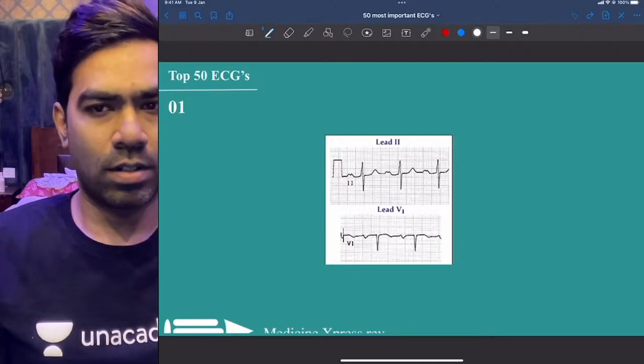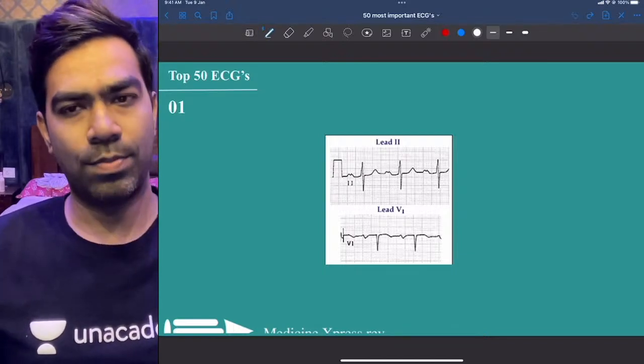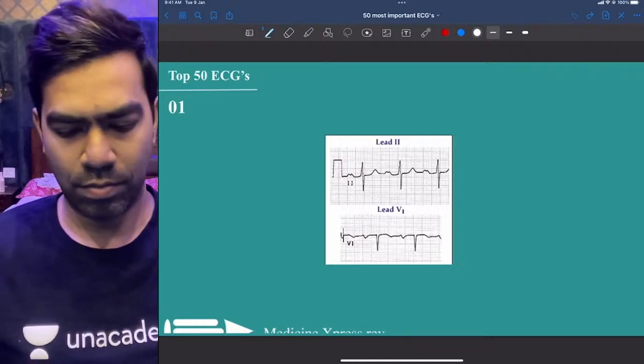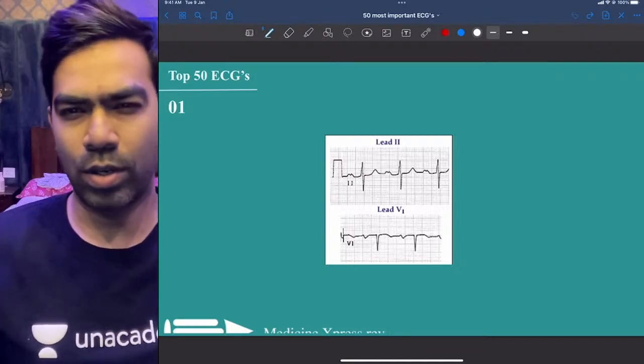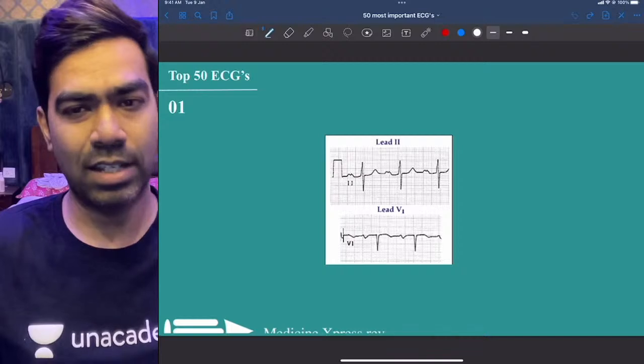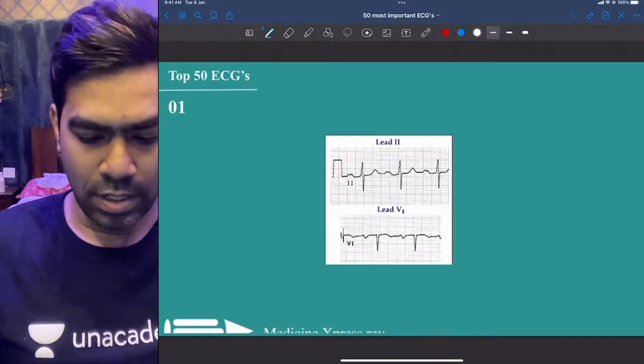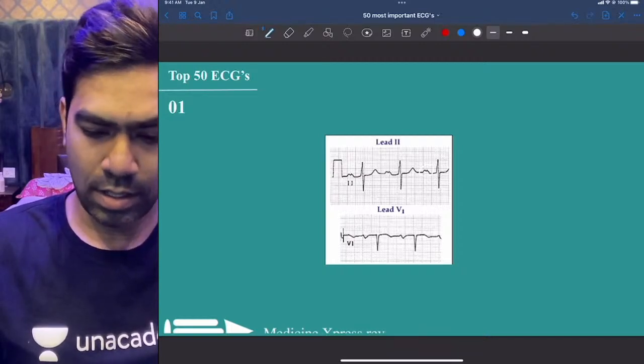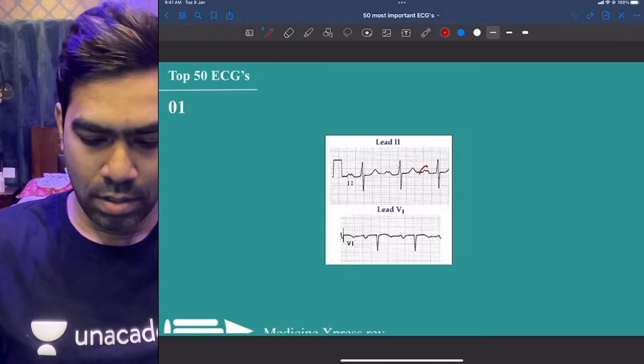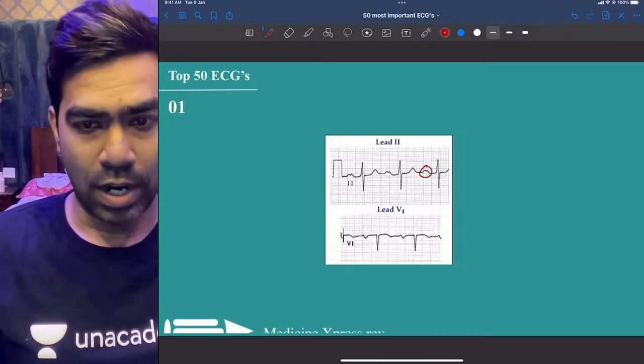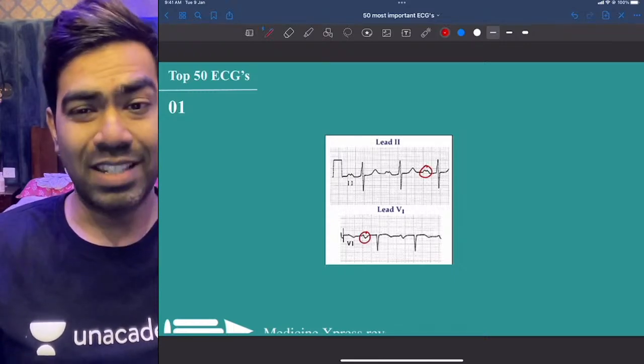So first, I'm going to talk about chamber enlargement, chamber hypertrophies quickly. So this EKG is showing some sort of cardiac chamber enlargement. If you look at this one, you can see a clear-cut bifid P wave in lead 2, and you can see a predominantly negative complex in V1.